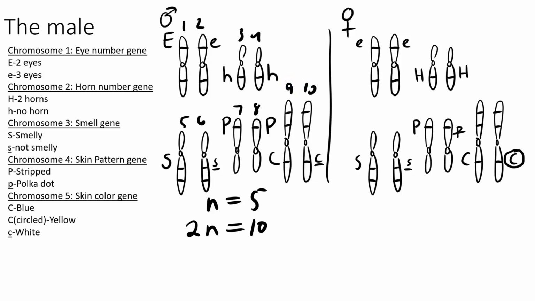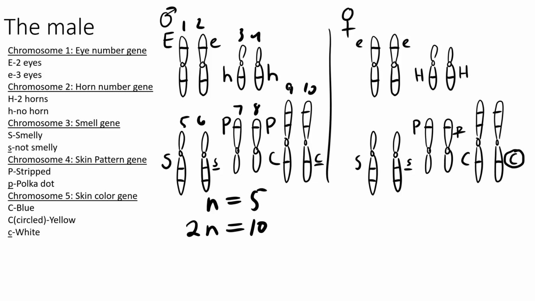Okay, so we're looking at specific genes on specific chromosomes, and I've laid out the different alleles for each individual, in this case, the male and the female. But let's take a look at the male.